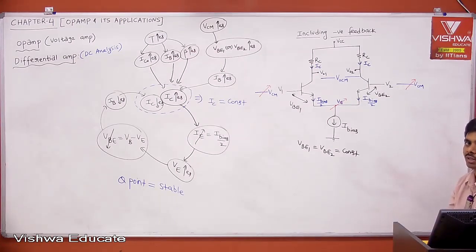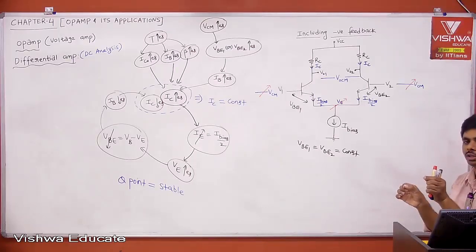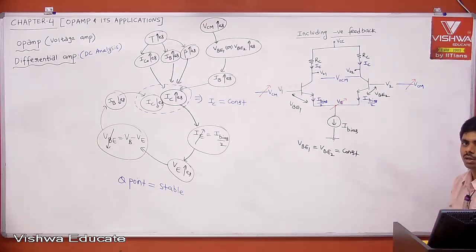That's why your op amp is associated with it, because the first stage is a differential amplifier. Your op amp will amplify only V1 minus V2, that is nothing but VD. It will not amplify common mode signals. If you apply V1 equal to V2, it will give you 0. Because V1 minus V2 is 0, VD is 0, V0 is equal to AD into VD, so V0 is equal to 0. It will amplify only differential signals.